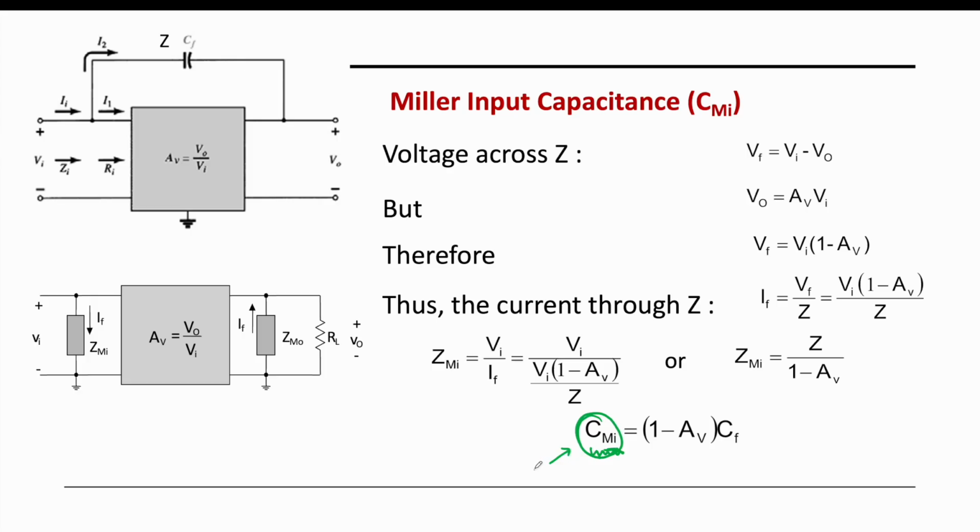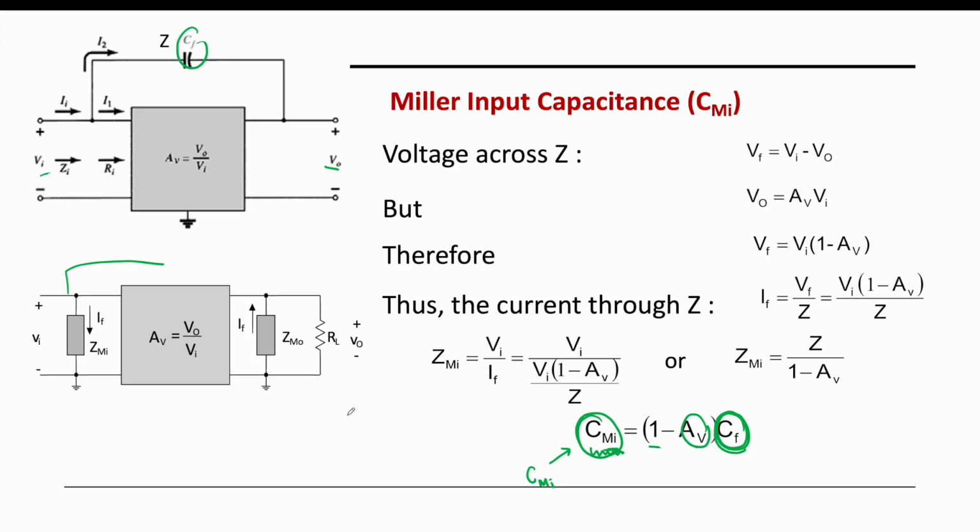CMI is the capacitance of the Miller effect at the input node, and it can be calculated by 1 minus AV, multiplied by the value of CF. This value of CF is the feedback capacitance between the input and the output.